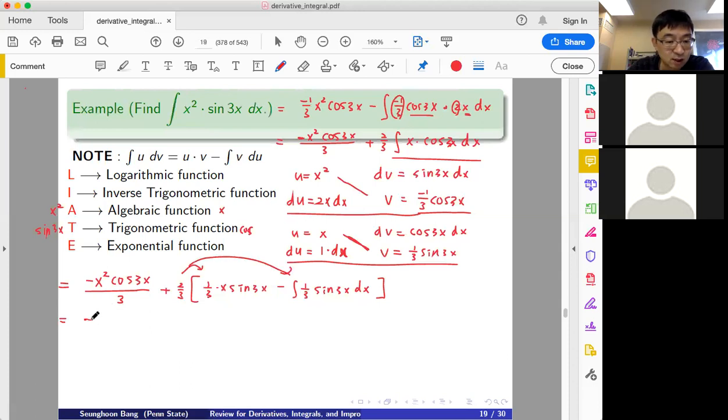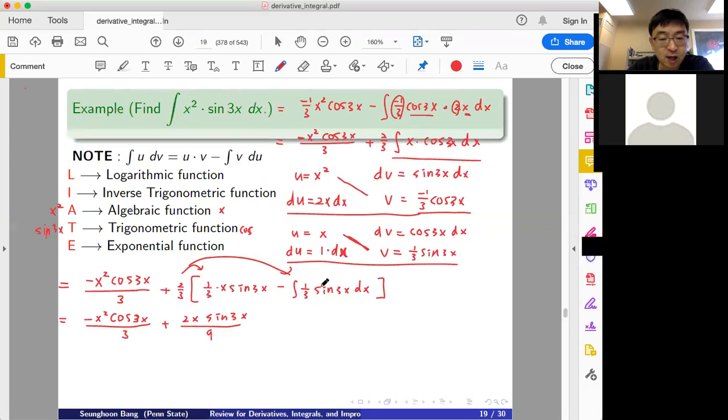So next, you can distribute 2/3. This is negative x squared cosine 3x over 3. 2/3 times 1/3 is 2 over 9, so 2 times the top one is 2x sine 3x over 9. The 2/3 times 1/3 is exactly negative 2 over 9 times the integral of sine 3x dx.